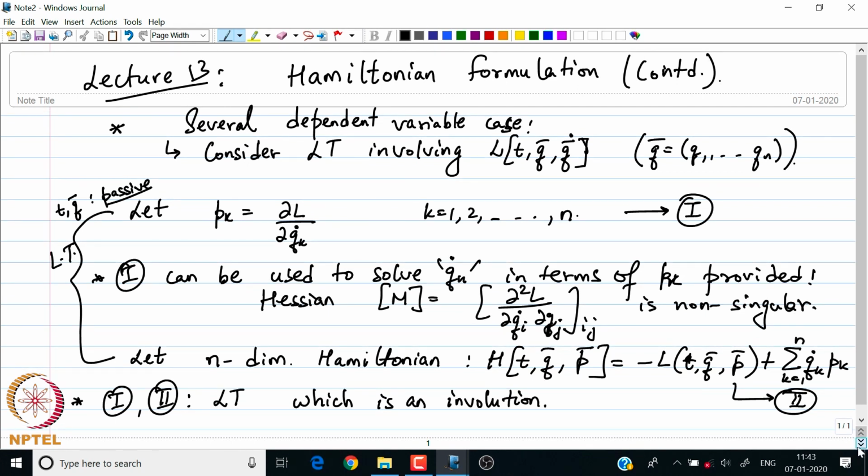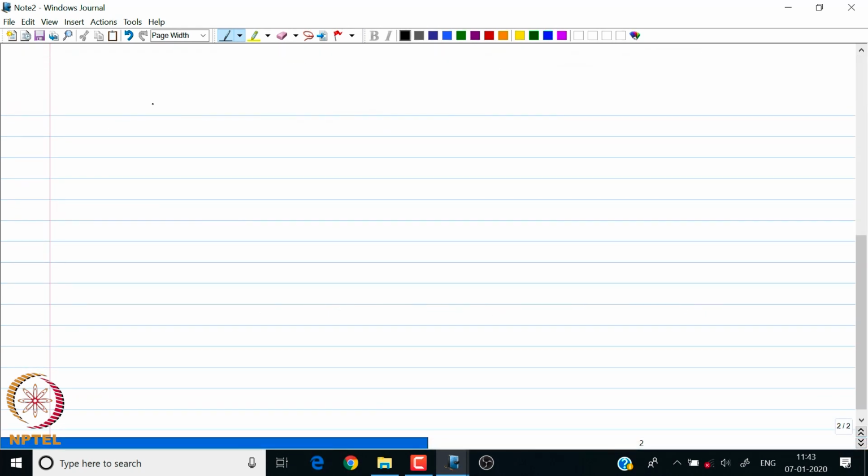Again we take the derivative of the Hamiltonian with respect to p.